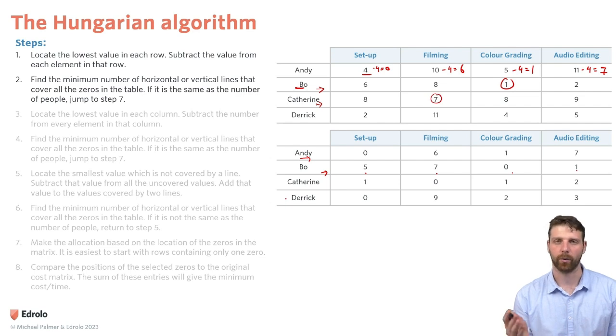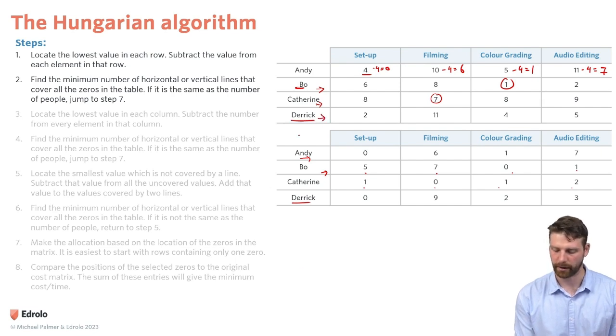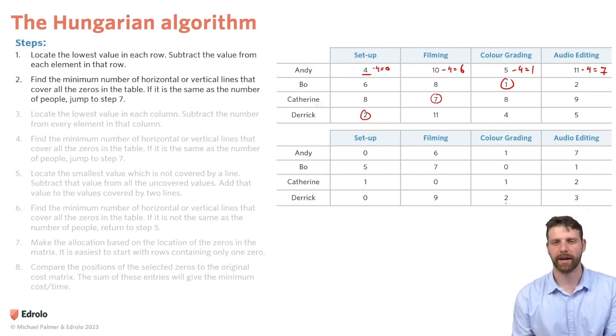So if we take 7 away from all of the values in that row, then we're going to get 1, 0, 1, 2. And if we look at Derek's row up here in the original table, we can see the lowest value is 2. So taking away 2 from all the values in that row gives me 0, 9, 2, 3. Okay, so what you'll notice about doing that process is that we've got a 0 in every row now.